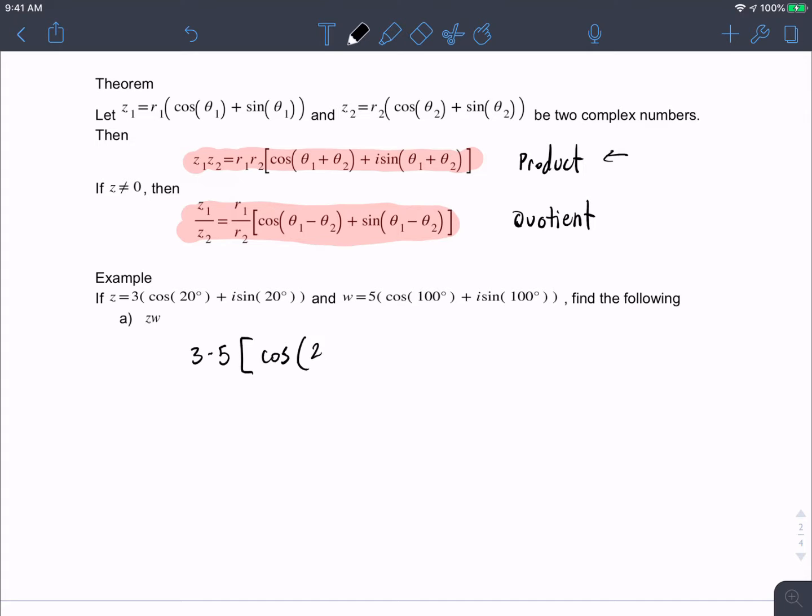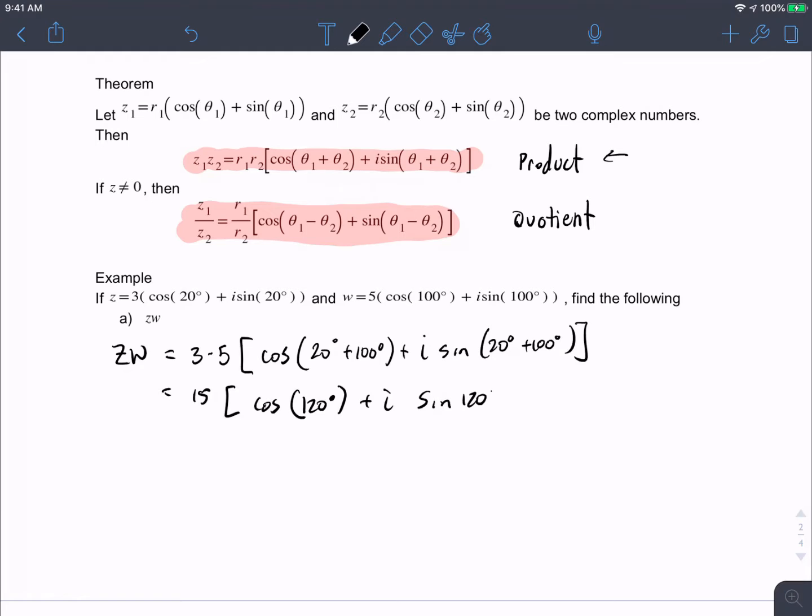So the angle is 20 degrees plus 100 degrees, and then plus i sine of 20 degrees plus 100 degrees. That's going to be our zw. So then zw is going to be 15 times cosine of 120 degrees plus i sine of 120 degrees.